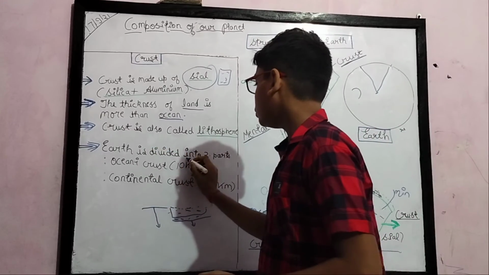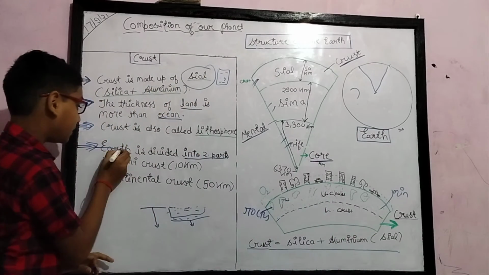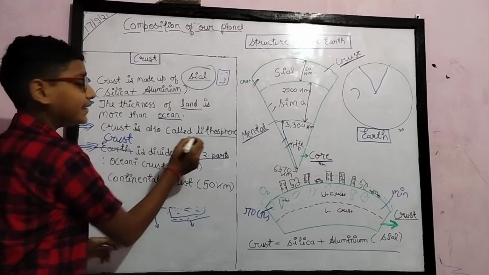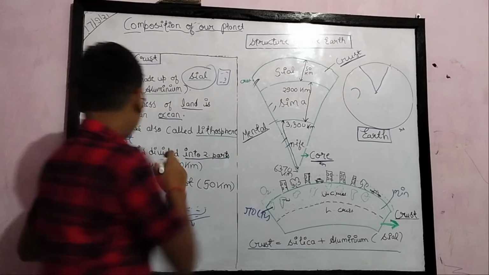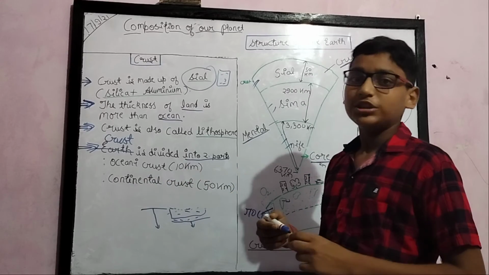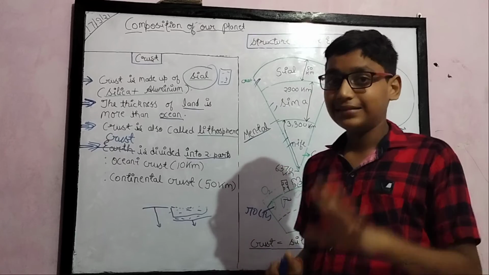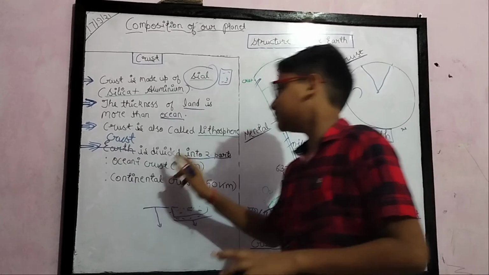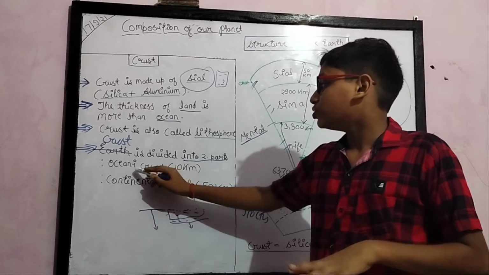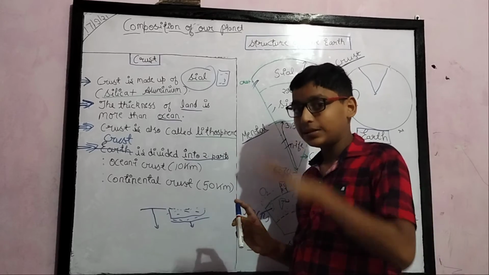The Earth's crust is divided into two parts: the continental crust, the land part, and the oceanic crust, the floor of the ocean. The floor of the ocean is called the oceanic crust, where the land starts in the ocean, at the ocean's floor.